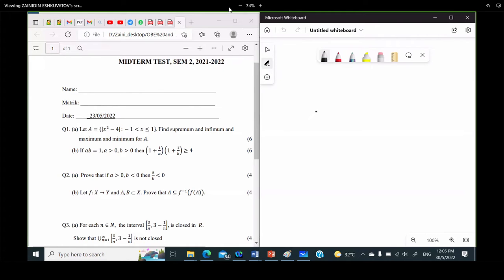So now please look at the midterm exam. Okay, Q1 A. So actually, almost none of you properly discuss about this set.